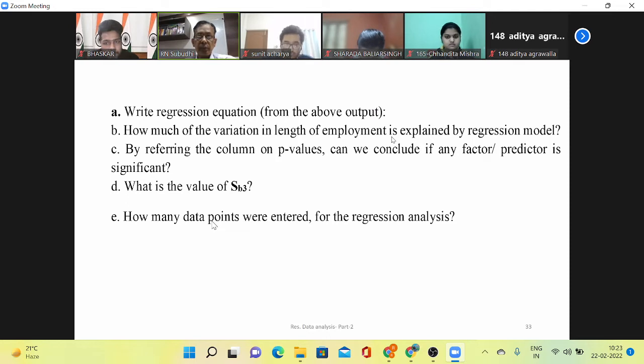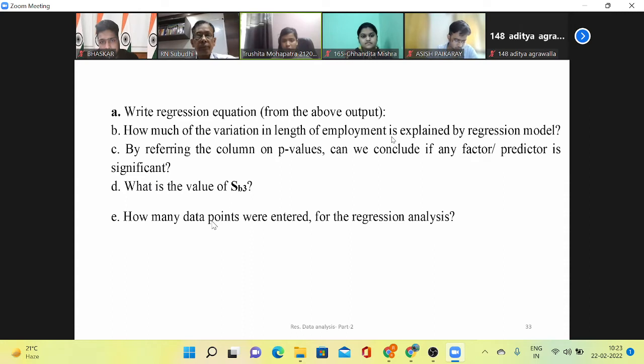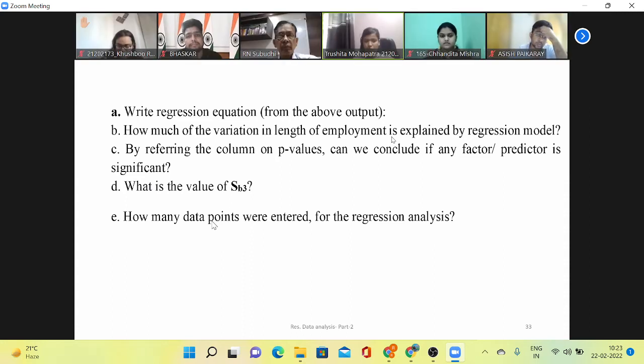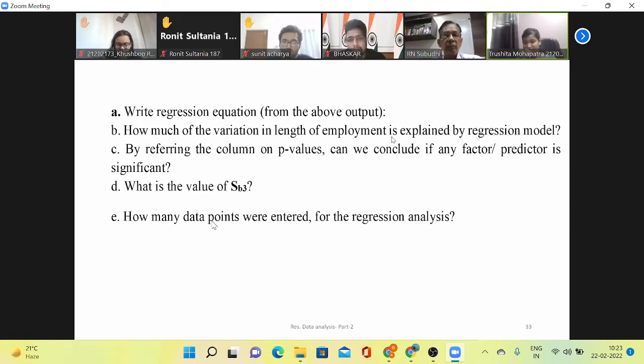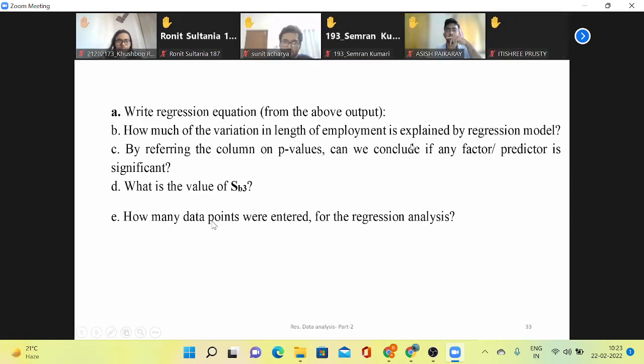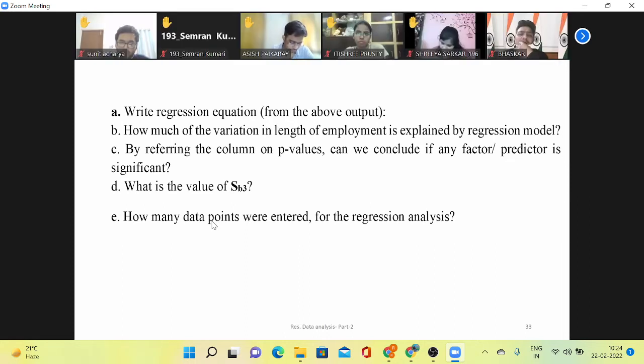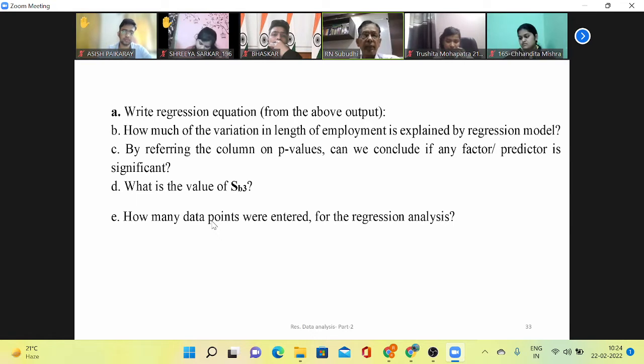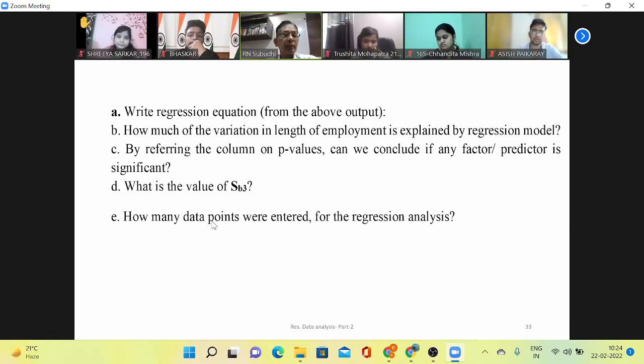Trishita Mahapatra. Yes, sir. Sir, in bit out, only age is the significant one. Ashish? Yes, sir. Only one factor, age, is significant, others not significant. Right? Perfect, clear.